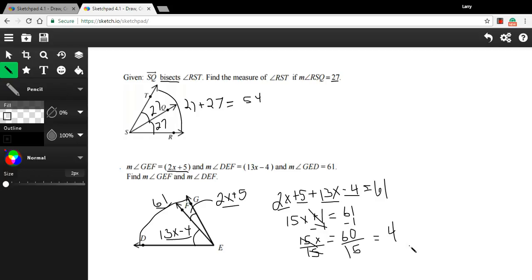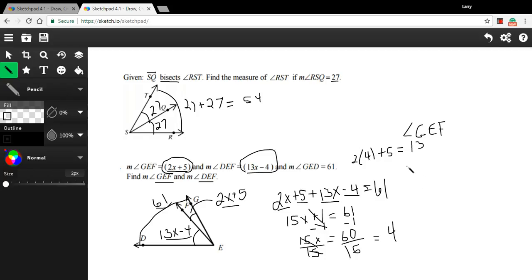So x equals 4. That's not our answer yet, though, because what we want to find out is the measure of GEF and DEF. Well, GEF is 2x plus 5. So we actually need to put the 4 back in for x. So 2 times 4 plus 5, that's going to be GEF. And that's 8 plus 5, that's 13. So this is angle GEF. And the other one, DEF, is 13x minus 4.